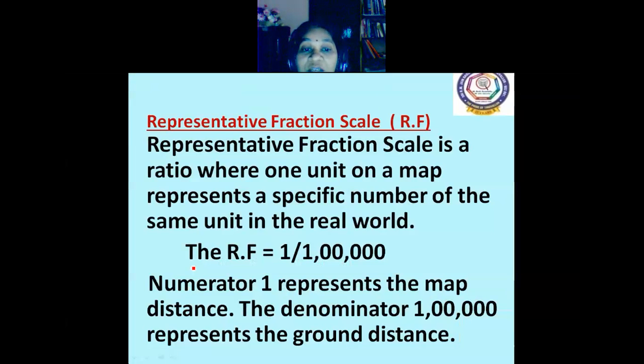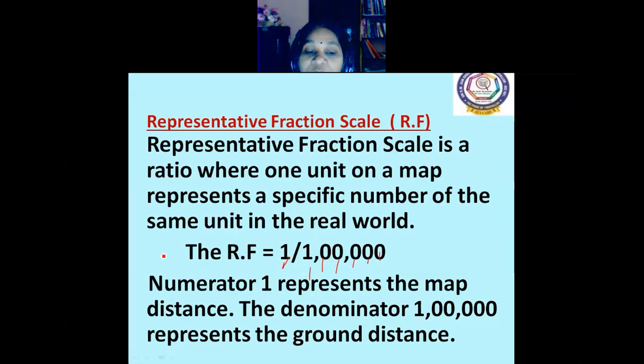Representative fraction scale is a ratio where one unit on a map represents a specific number of the same unit in the real world. See, a representative fraction scale 1 by, see, ones, tens, 100, 1000, 10,000, lakh. 1 by lakh, that is, the numerator 1 represents the map distance.